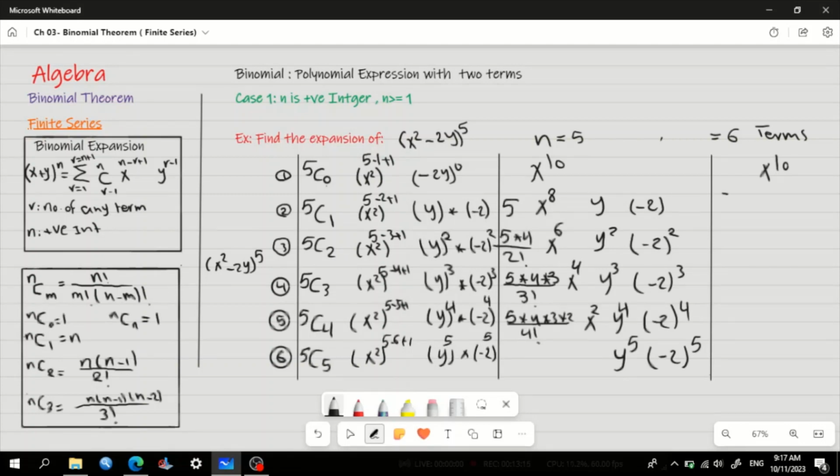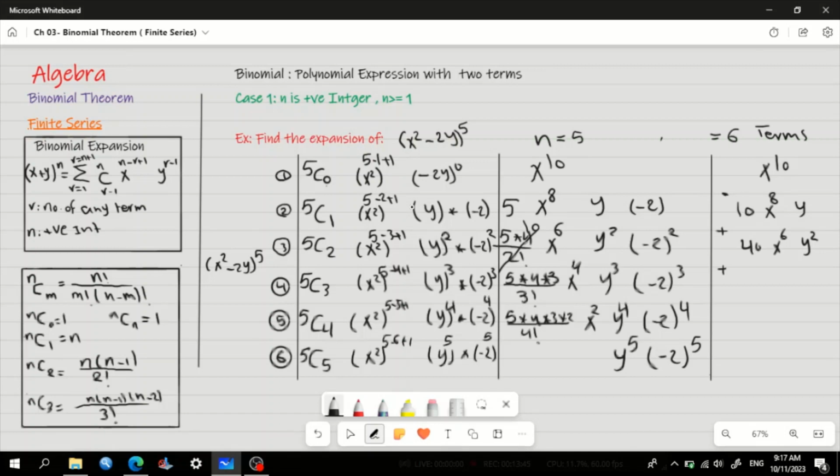So we have here negative 10 x power 8 y. Let's continue. Plus, here we have negative 2 squared into this equal to 10. So we have here 40 x power 6 y squared plus or minus.